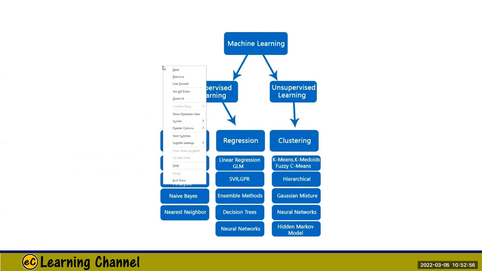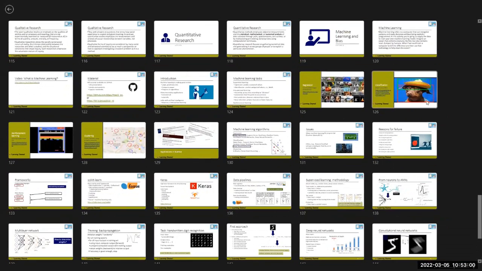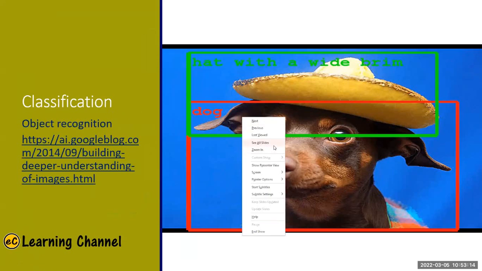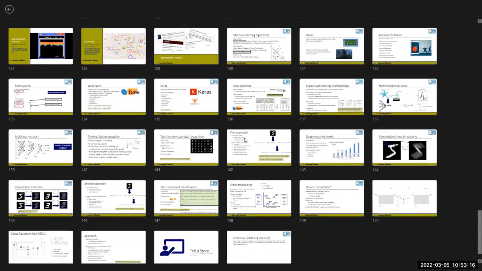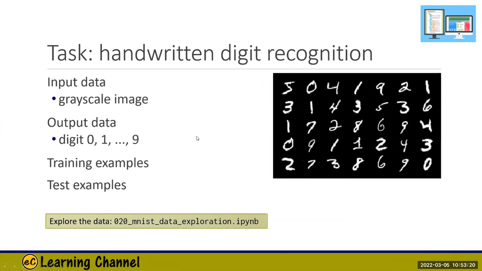Second way is called classification. Let's look at what classification is. Classification is that this is a dog, that is a white hat. How you classify that it is a dog or a hat from the image, that's called classification. A typical classification problem is your handwriting.